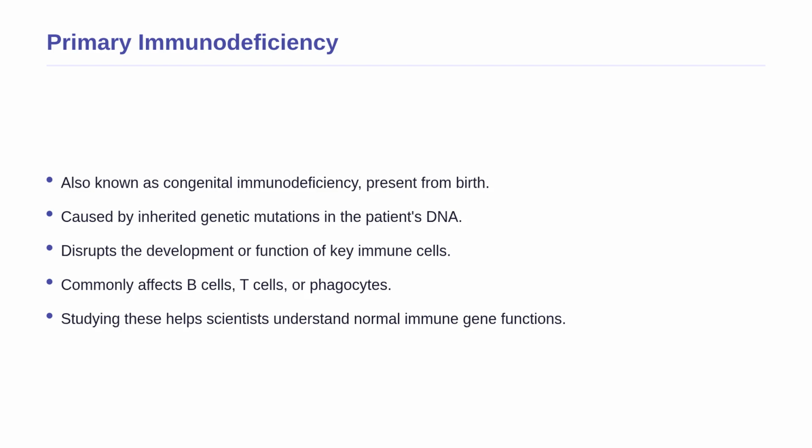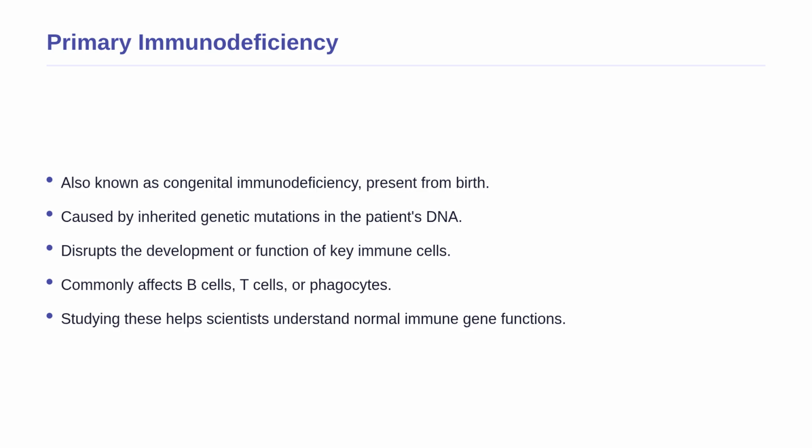Now that we know what immunodeficiency is, let us categorize it, starting with the first main type. Primary immunodeficiencies are congenital, meaning a person is born with them. They are caused by inherited genetic mutations that disrupt the normal development or function of key immune cells, such as B cells, T cells, or phagocytes.